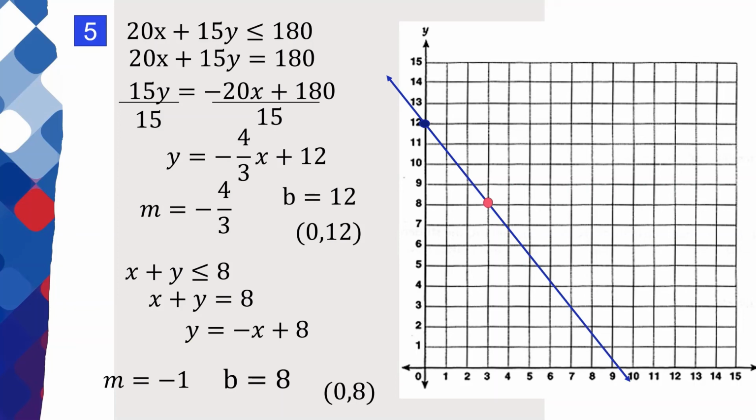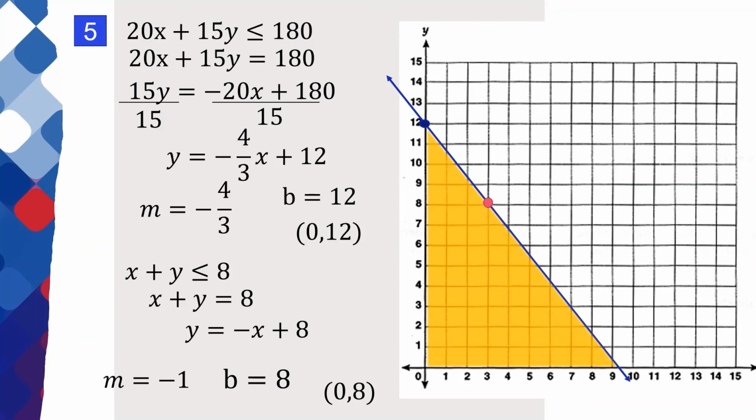If we are going to use 0, 0 as our test point, the inequality will be 0 is less than or equal to 180, which is true. That's why we are going to shade where 0, 0 belongs. Then we are going to graph the second inequality. So locate 0, 8, then count negative 1, so 1 unit downward and 1 unit to the right.